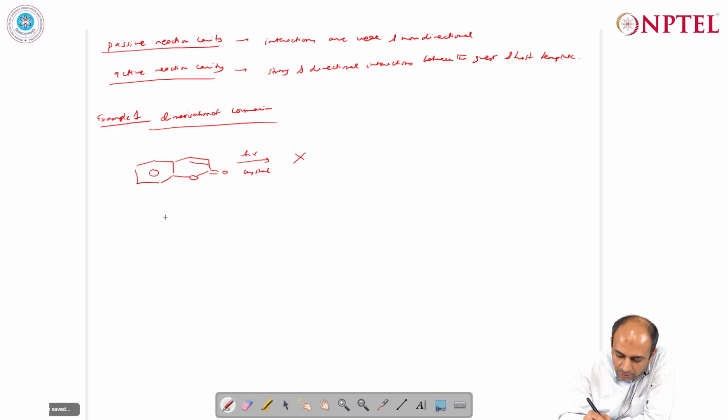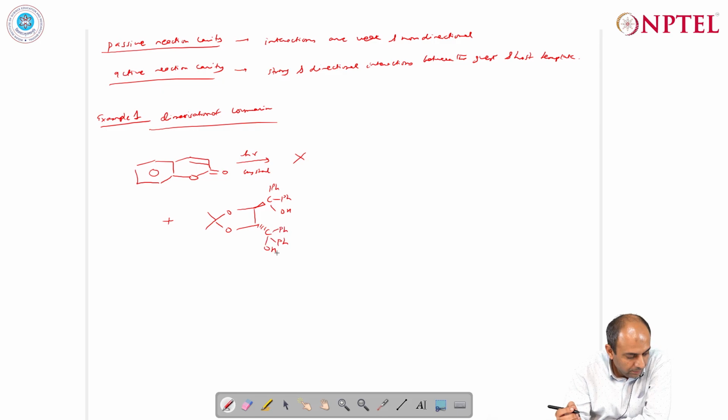However, when you actually template it with this chiral compound, then on irradiation, it will give you the photodimer.